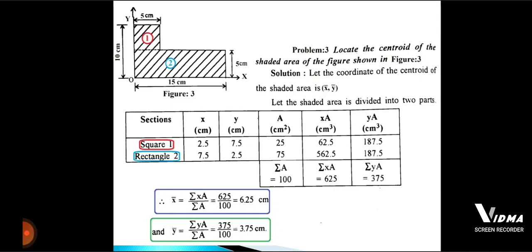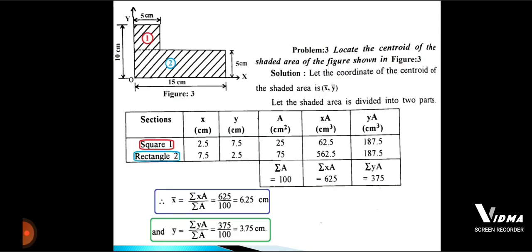In the case of the square, the value of x equals 2.5 centimeter from the reference axis y. Similarly, the value of y from the reference axis x is 7.5, area equals 25, XA, the moment of area, the product of x into A, is 62.5 centimeter cube, and YA is 187.5.